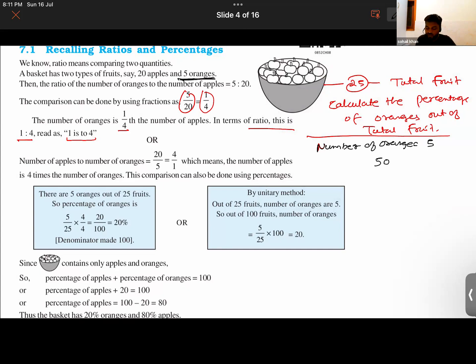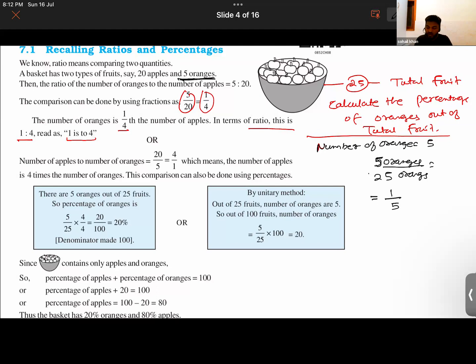So 5 oranges out of 25 fruits. That is the fraction you are getting, the number of oranges out of the total fruits. So that will be 5 upon 25, which means 1 upon 5, right, guys?